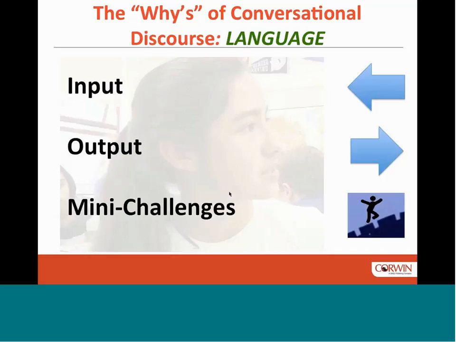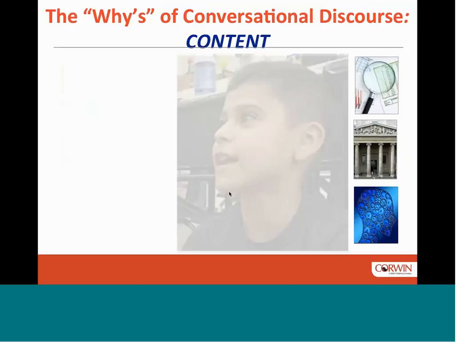Now, it's not just about language. Conversations can build content skills and understanding in significant ways. When students talk to one another, they need to clarify ideas. This, of course, helps both the person who is clarifying and the person who's listening to clarify complex ideas. They might ask questions, use examples, negotiate definitions, elaborate, draw, or even act out an idea.